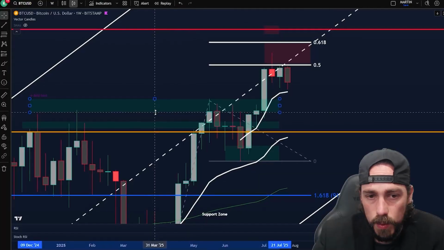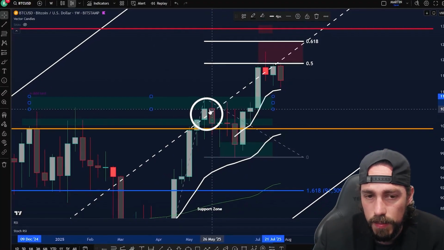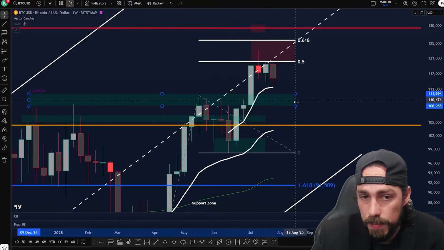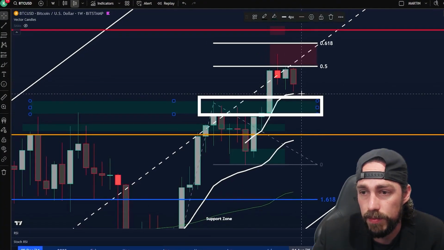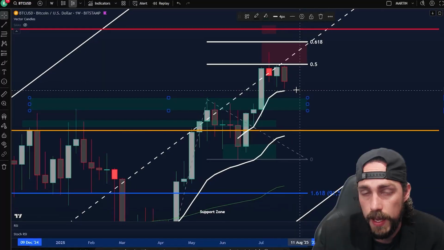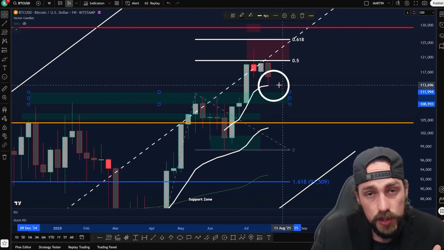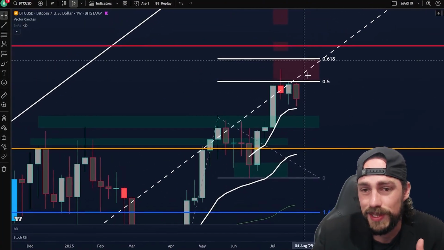Most importantly would be these last candle body closes and opens at roughly $109,000. So we can expect a potential retracement back into this $109,000 if we break the anchored VWAP at 113.5. I would want to see Bitcoin hold above this anchored VWAP, above 113.5. Then we can be in a position to push into this Fibonacci extension.